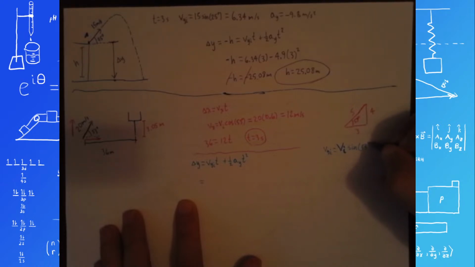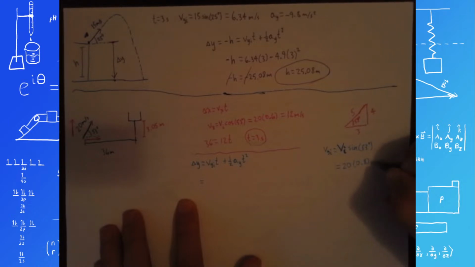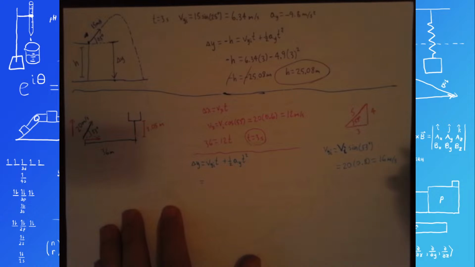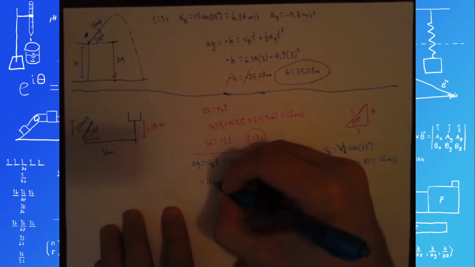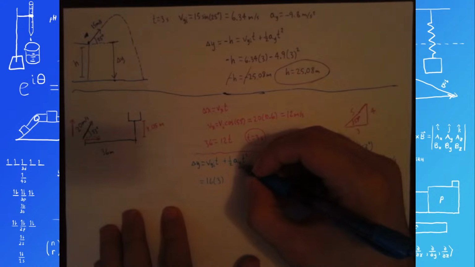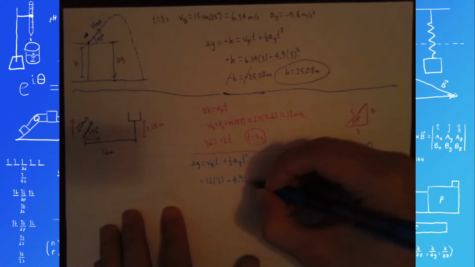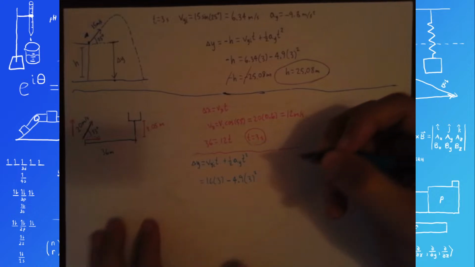Sine of 53 degrees is 4/5, or 0.8. 0.8 times 20. 20 times 0.8 equals 16 meters per second. So 16 times 3, and then 1/2 of negative 9.8, that's minus 4.9, and then times 3 squared.